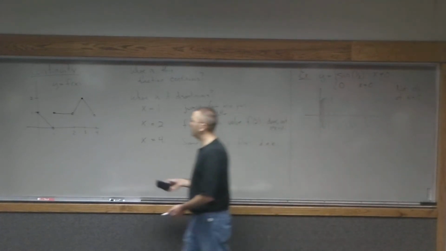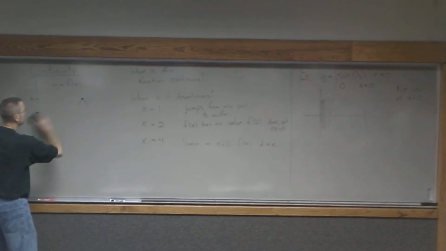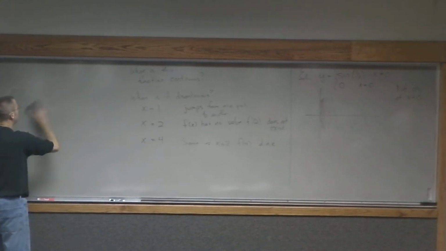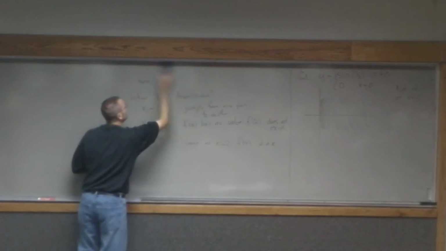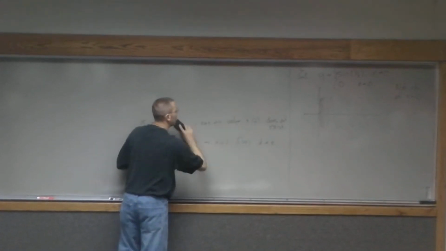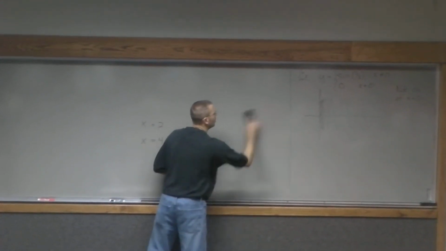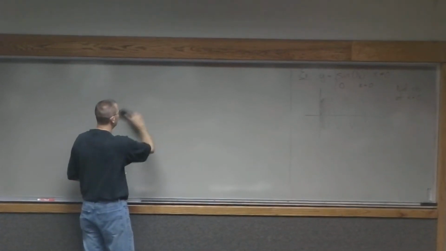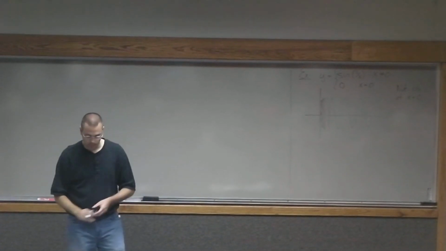So, how can I get a reasonable definition for continuity? And the reasonable definition comes from all the stuff that we've done so far. We're going to put a lot of the things we've done together and use that to talk about continuity.